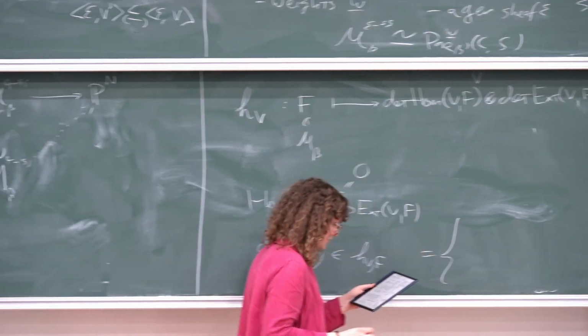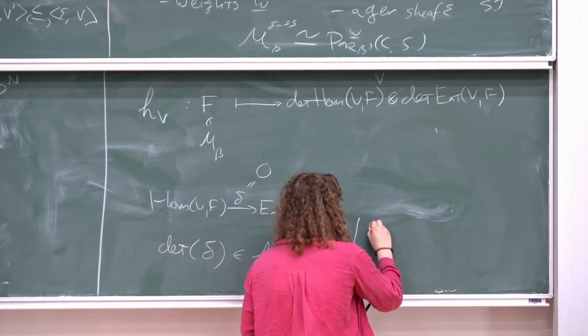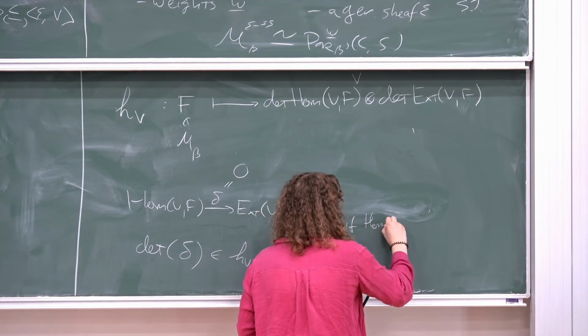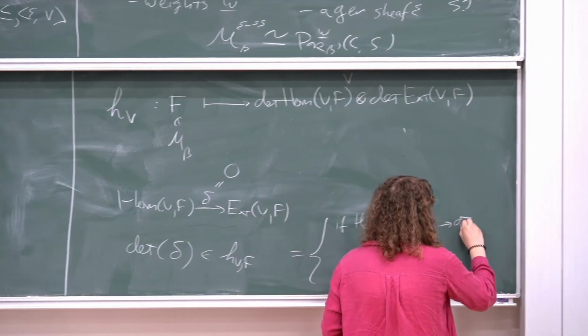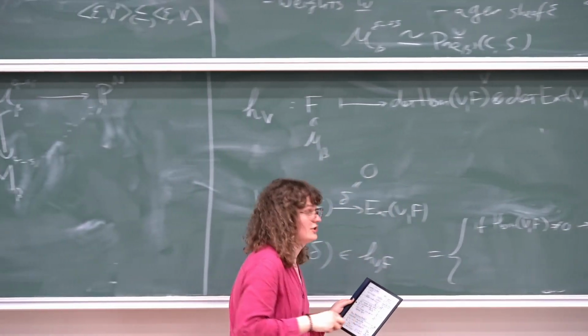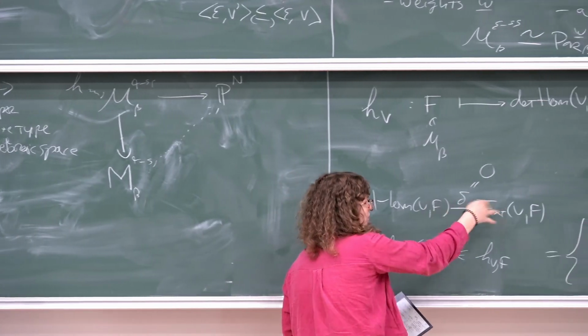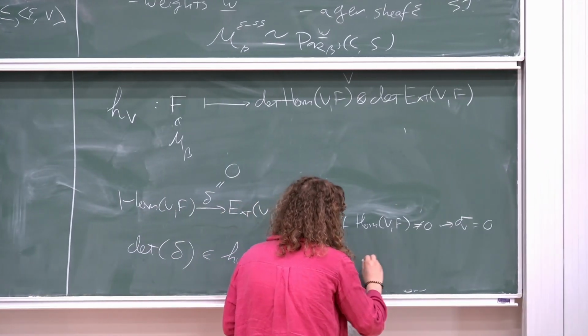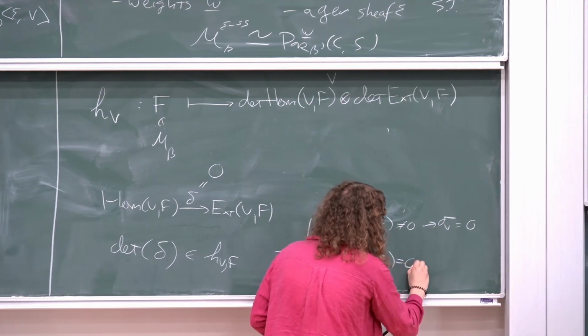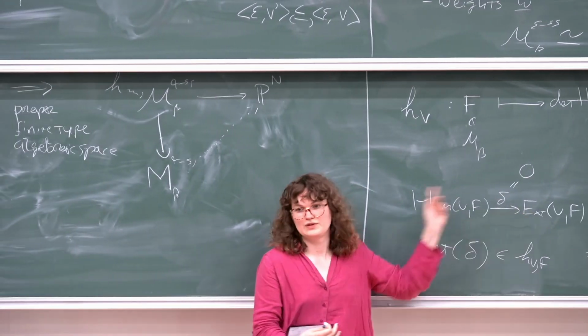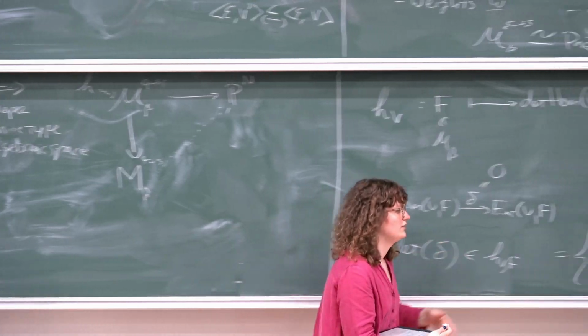Well, there's two options. If this Hom(V,F) is non-zero, then the section vanishes there. It's just a zero map between some vector spaces. But when the Hom itself is zero, this is a zero map between two zero vector spaces. So then the determinant is 1.